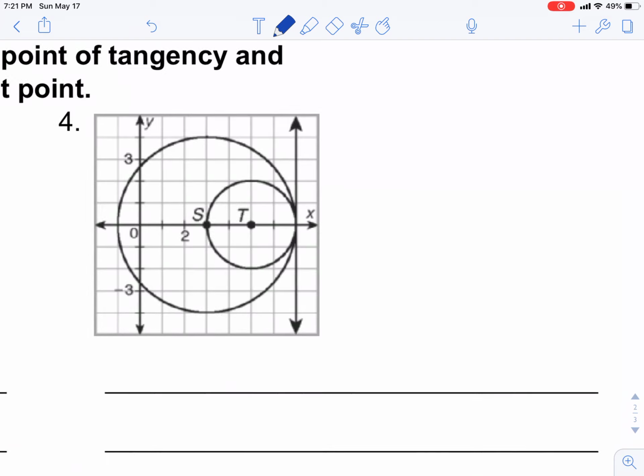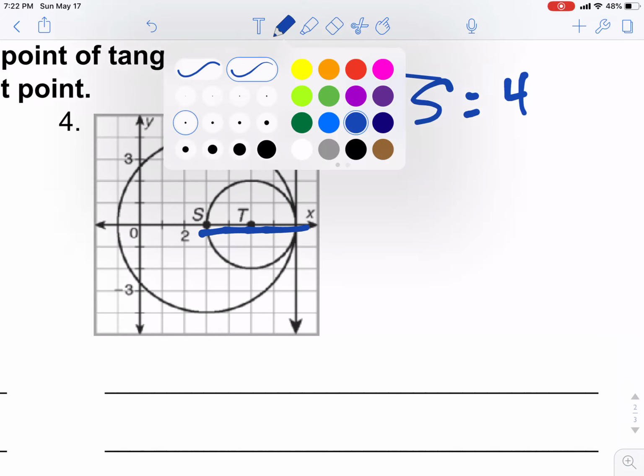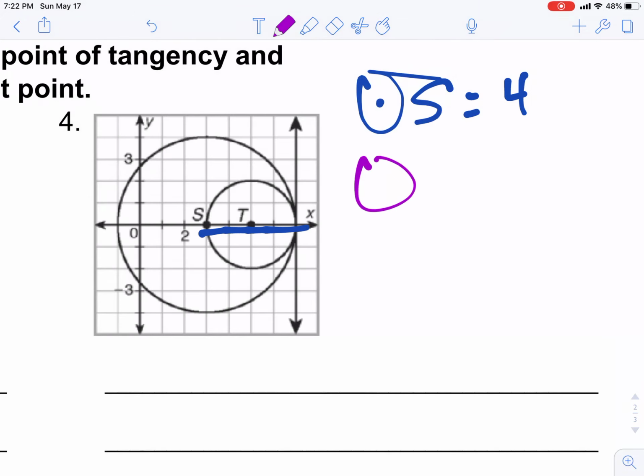Okay? Let's go to this one. Circle S has a radius of 1, 2, 3, 4. Circle T has a radius of 1, 2.